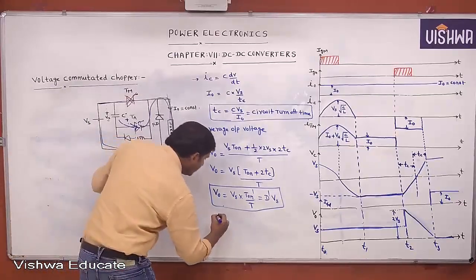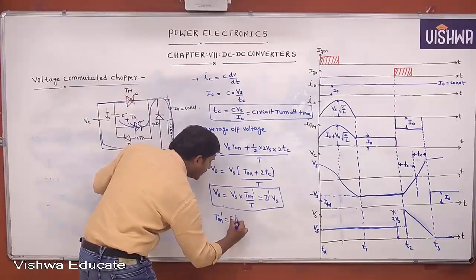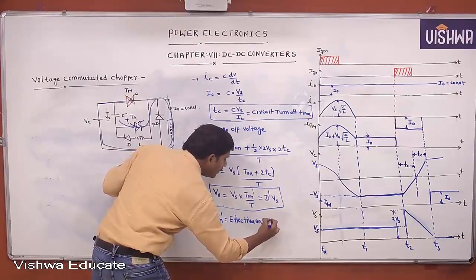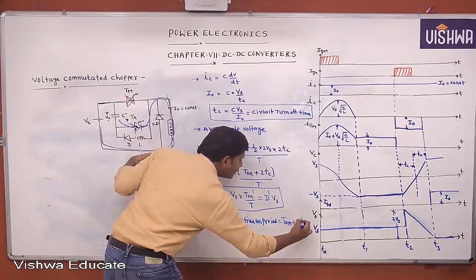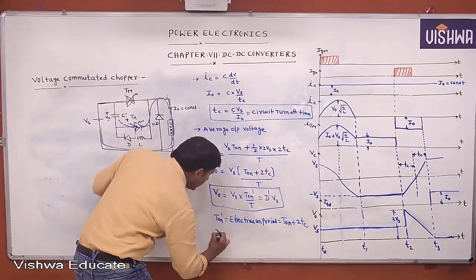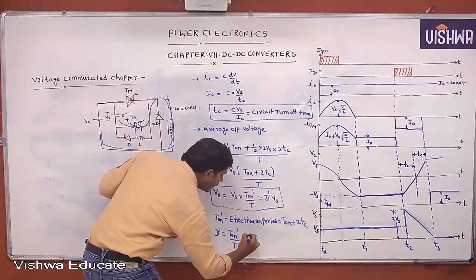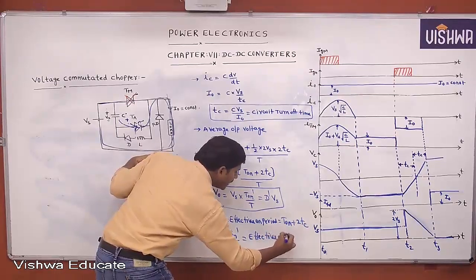What is here? T on dash equals the effective on period, equal to T on plus 2 Tc. What is D dash? D dash equals T on dash by T. That is called the effective duty cycle.